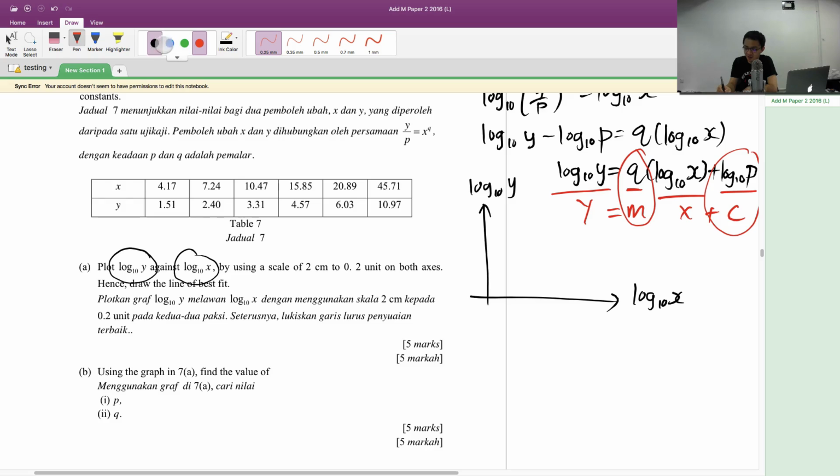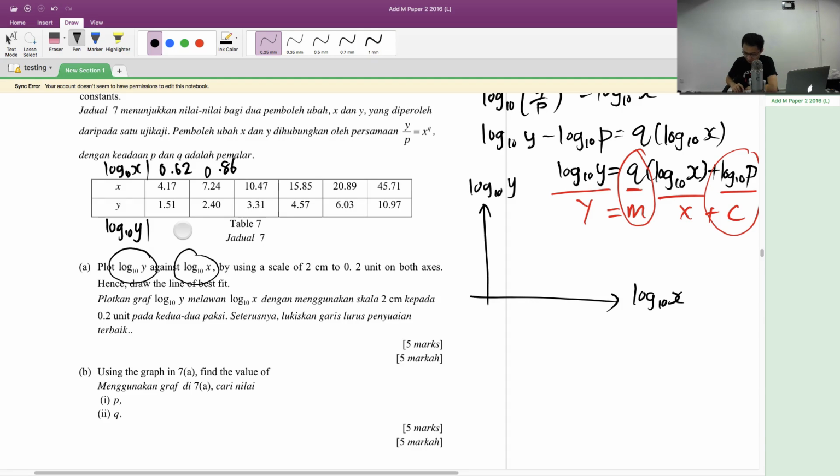So first thing is, of course you will need to find the new values, I mean log 10 x and then log 10 y. So what you should do is use your calculator to do log 4.17. You will get something like, leave in 2 decimals should be good, 0.62. And then log 7.24, and you will get 0.86.